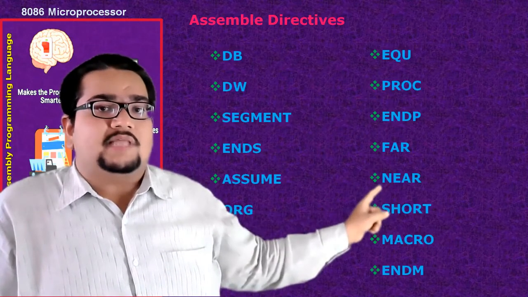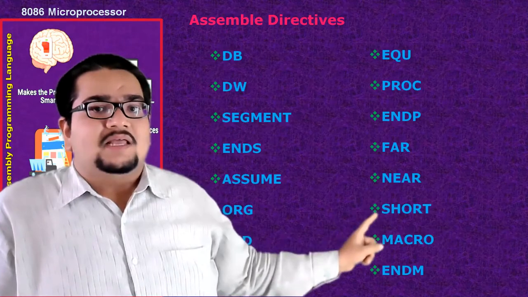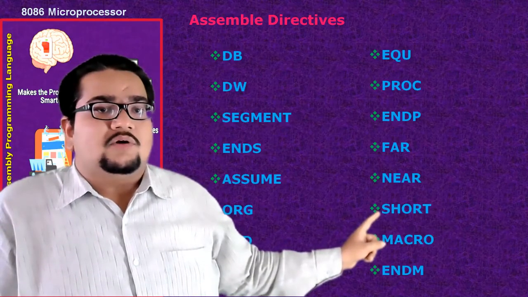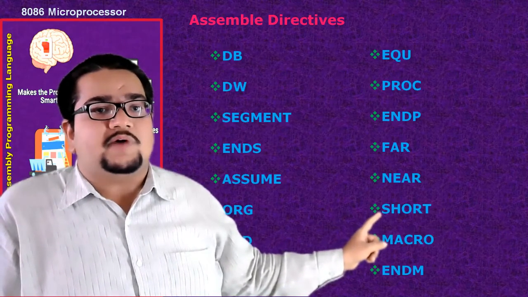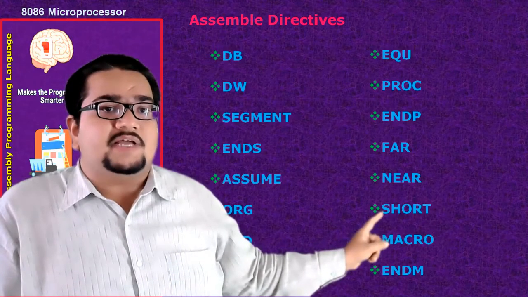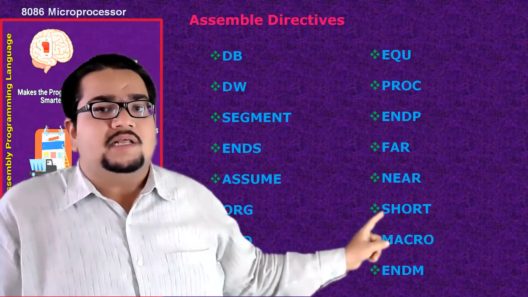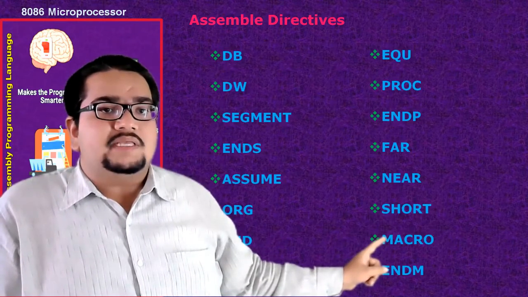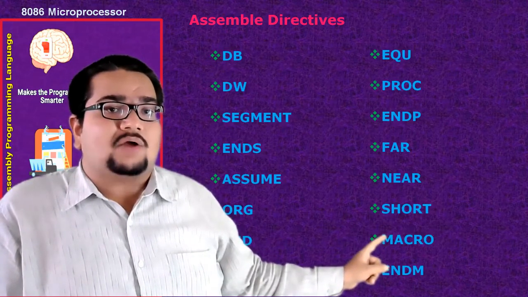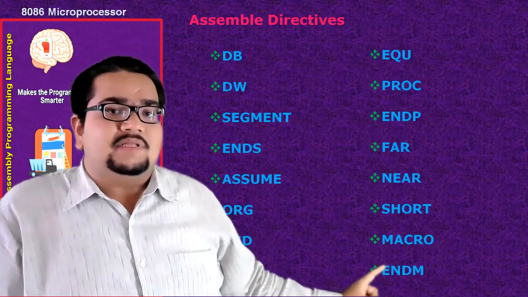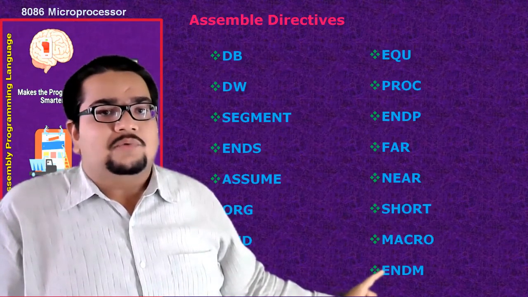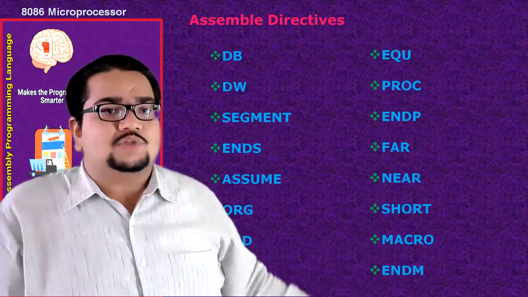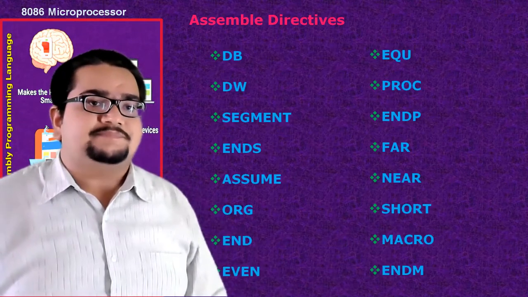We will see what they are used for. Next is SHORT, which is used for reserving a byte location of displacement for defining relative addressing. MACRO is used for starting a macro, and ENDM is used for ending a macro. We shall also study in detail what macros are.